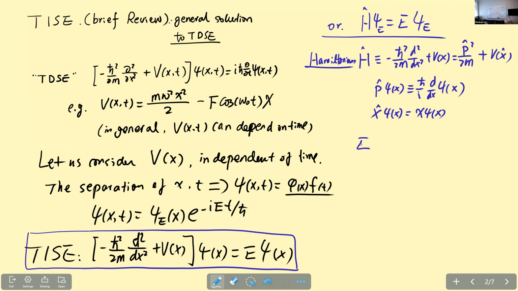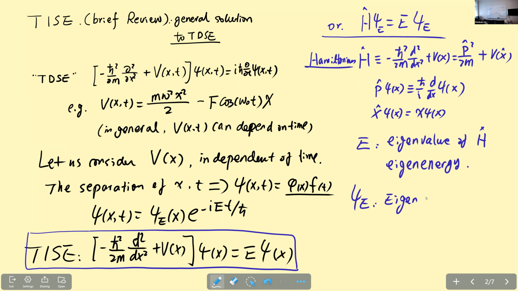So this E is called an eigenvalue of H, also called eigenenergy, and this psi_E is called an eigenfunction of H. That's just some terminology.